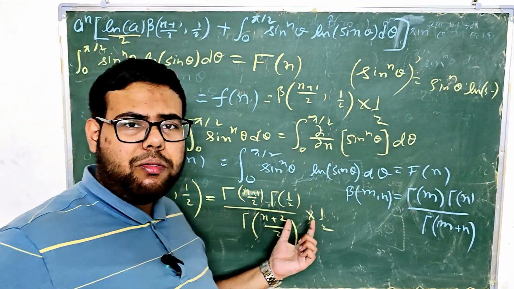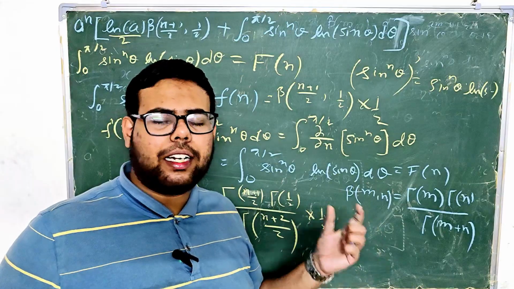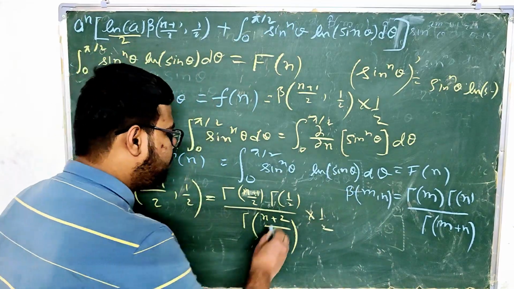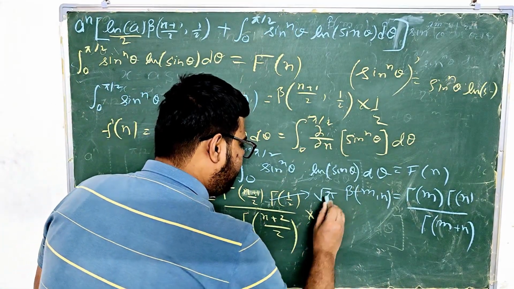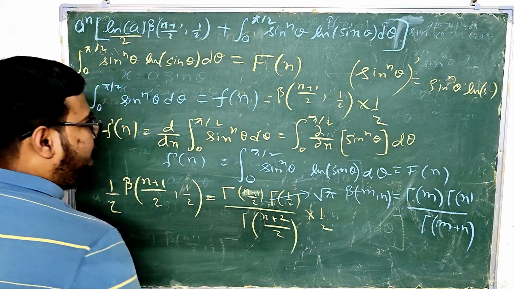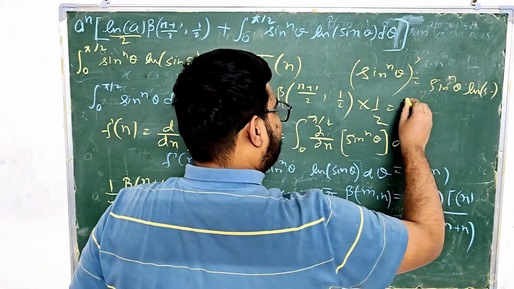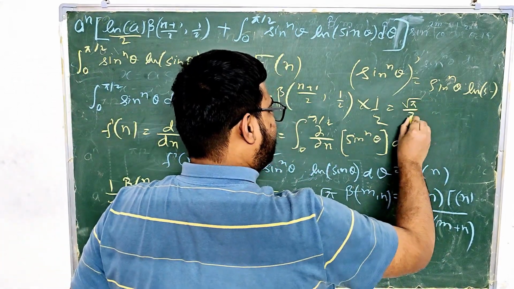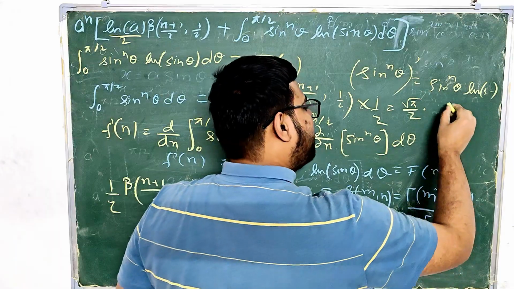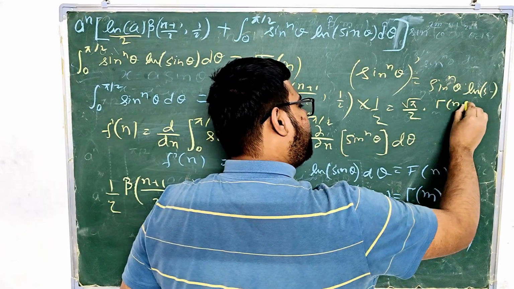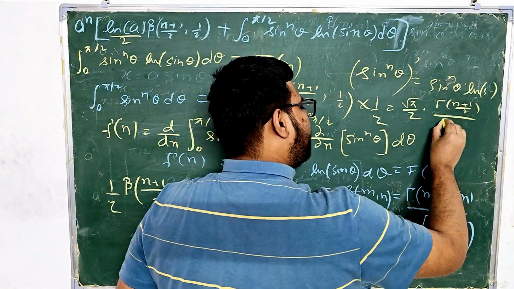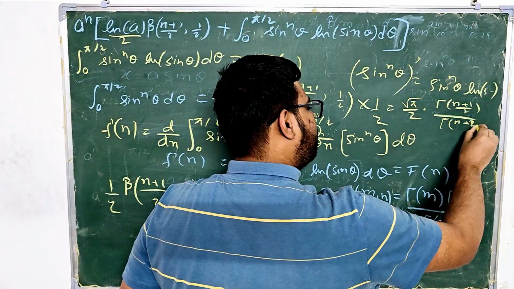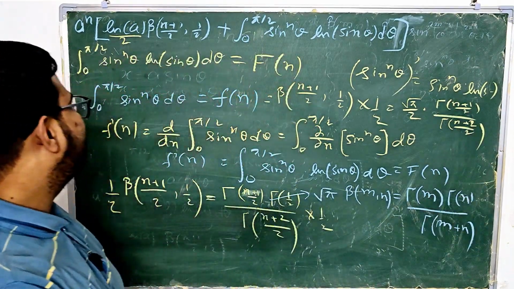Now what is gamma of 1 by 2? If you have watched my integral calculus video, you must know that this is equal to root pi. So actually this expression is root pi by 2 times the quantity gamma at n plus 1 by 2 divided by gamma at n plus 2 by 2, right?